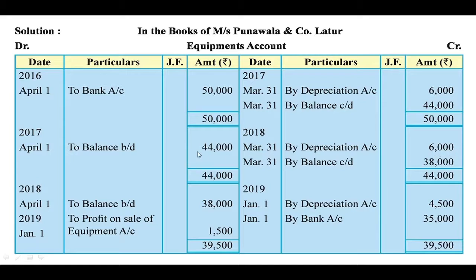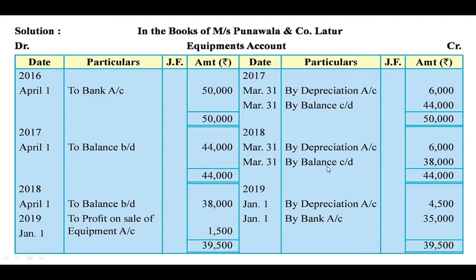Here the debit side total is rupees 44,000 and on the credit side here only rupees 6,000 is recorded. So the difference in the total is rupees 38,000, which is recorded as by balance carried down, that is the closing balance. For the closing balance also we have to write the last date of the year.